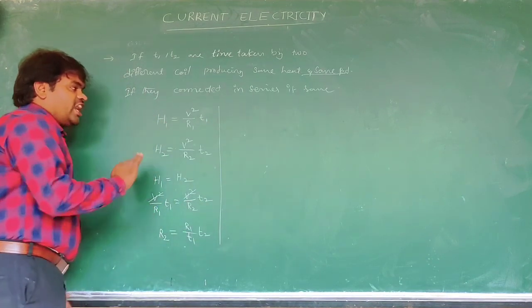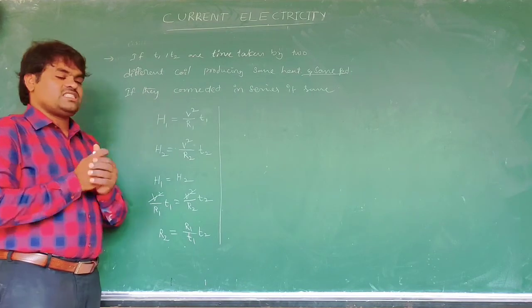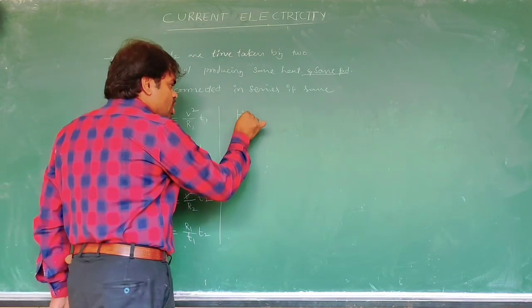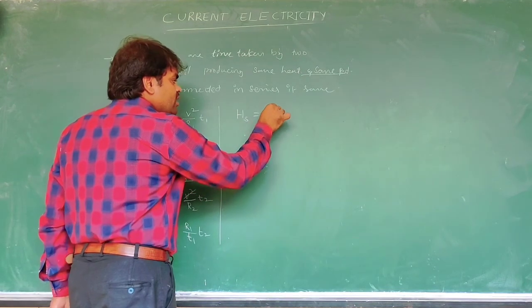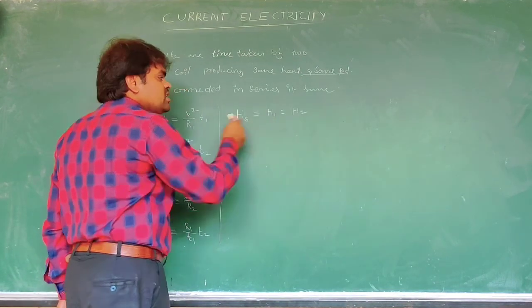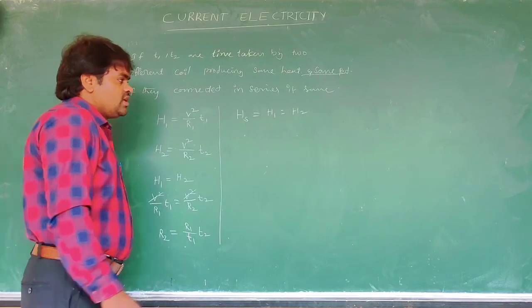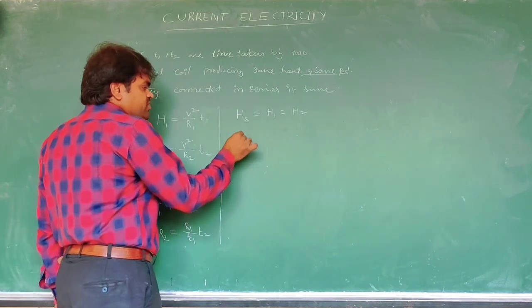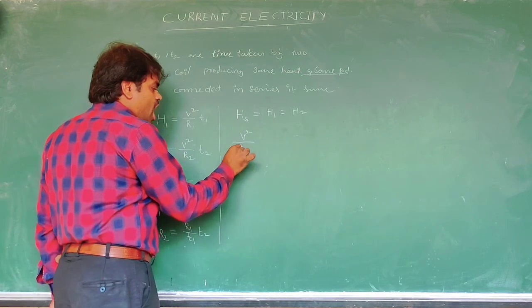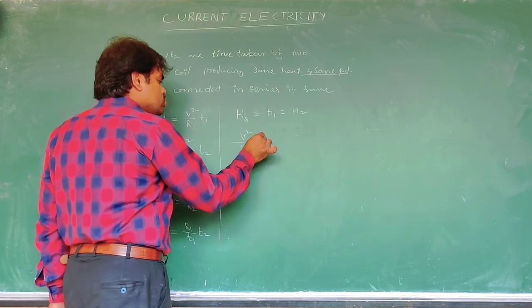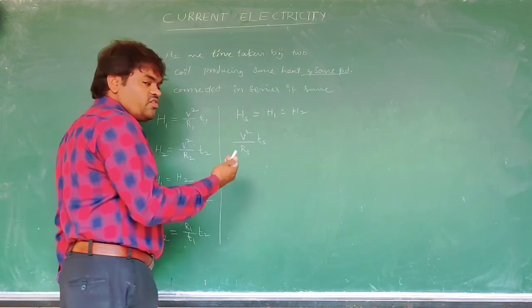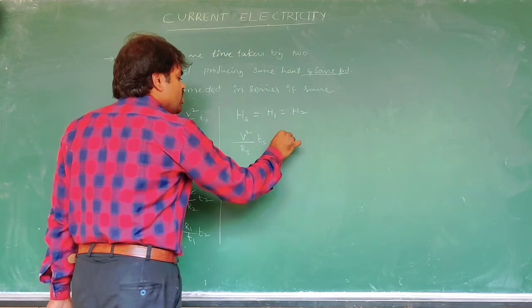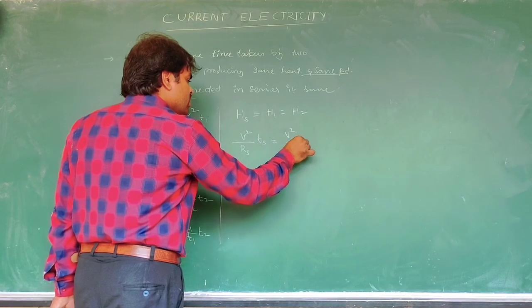Now they are connected in series, producing the same heat. That means in the series combination the same heat will be produced. Then with the same potential, HS is V square by RS into TS, which equals V square by R1 T1.